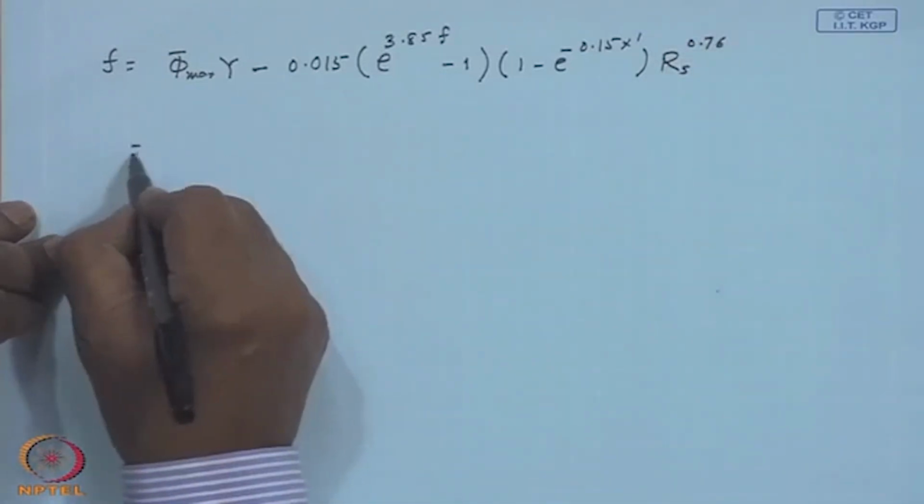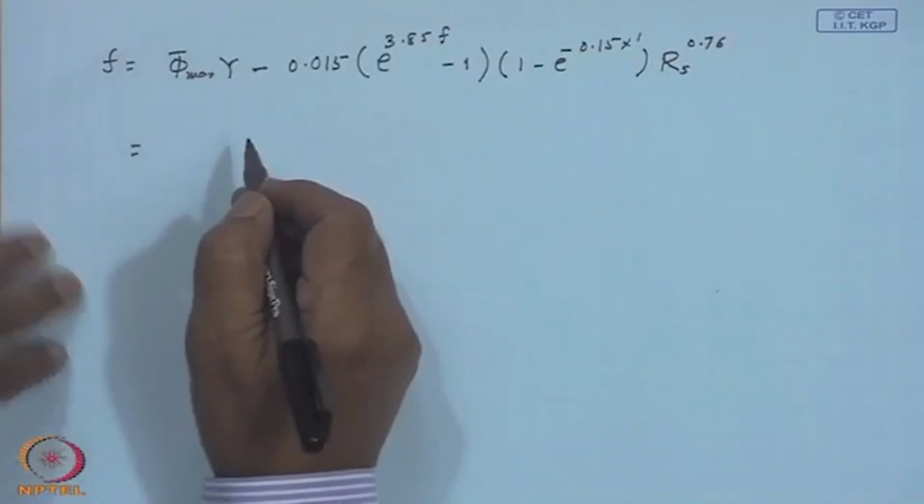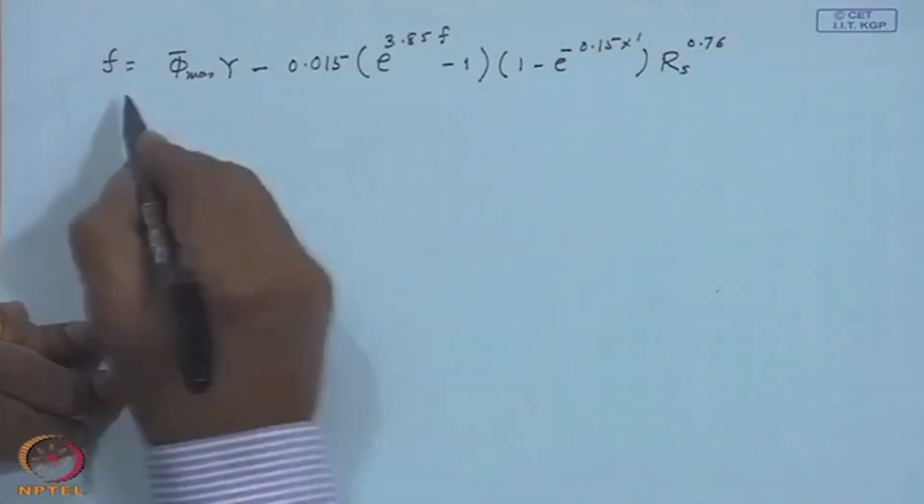So, this I will try to put all the numbers that we know, so that it will be easy to iterate later on, because this is an implicit relation.